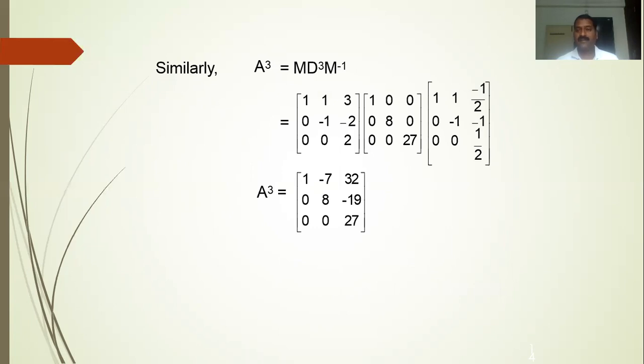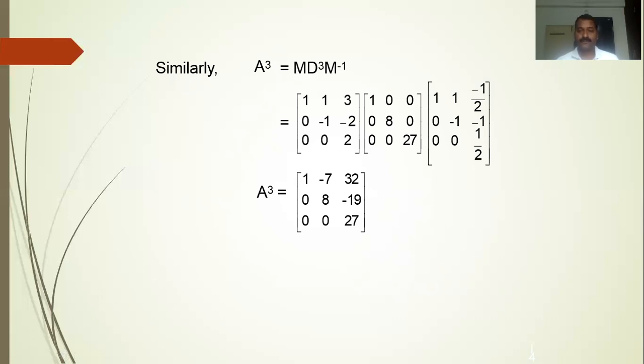So here in the discussion, it's A cube that we want. So A cube equals M D cube M inverse. So plug in all the matrices, and D cube is nothing but, as we have seen in the properties of eigenvalues and eigenvectors, [1 cube, 0, 0; 0, 2 cube, 0; 0, 0, 3 cube].